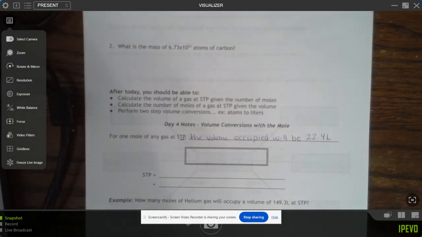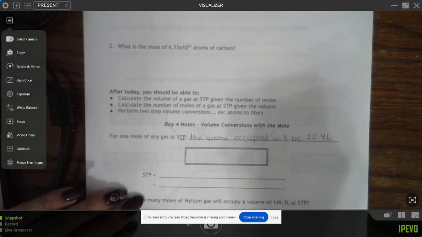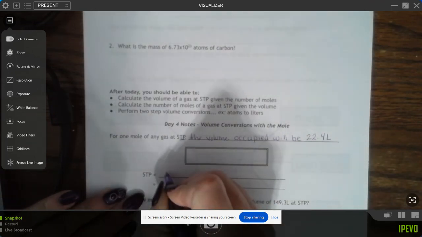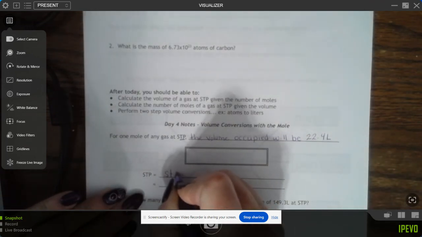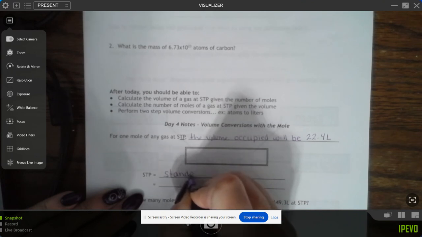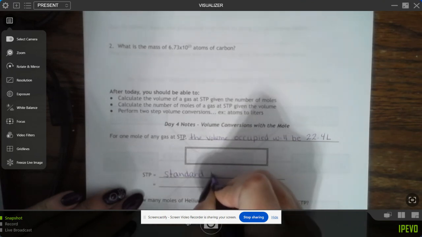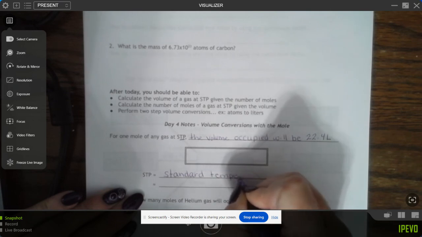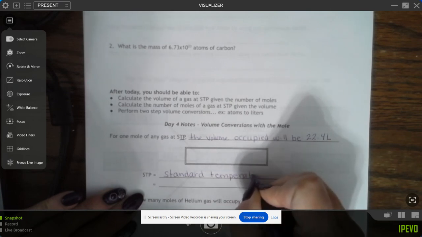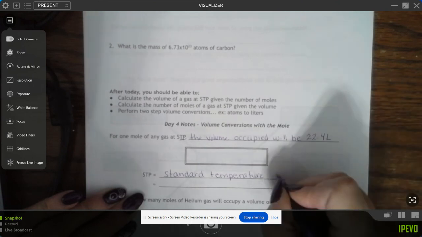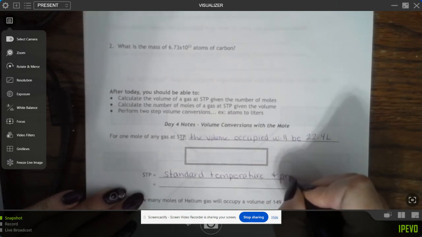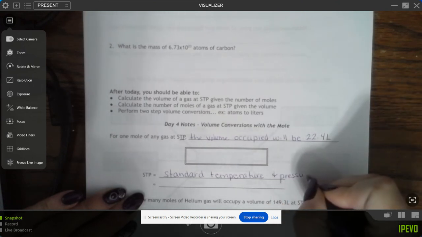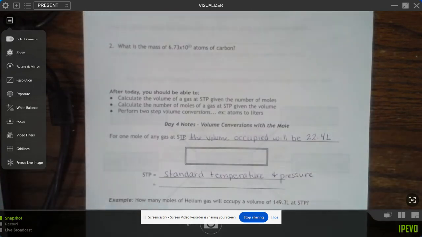STP means standard temperature and pressure. Okay, so let's write that down. Standard temperature and pressure. So when we say standard temperature and pressure, what we're talking about is a set of conditions.